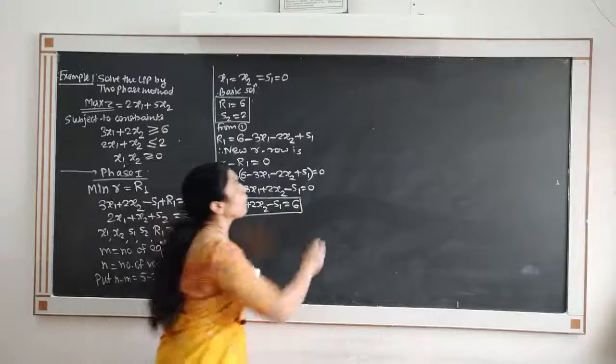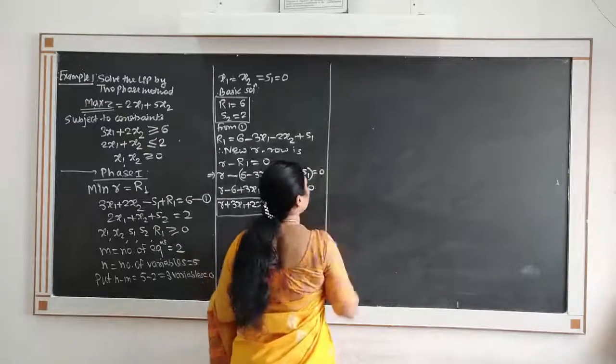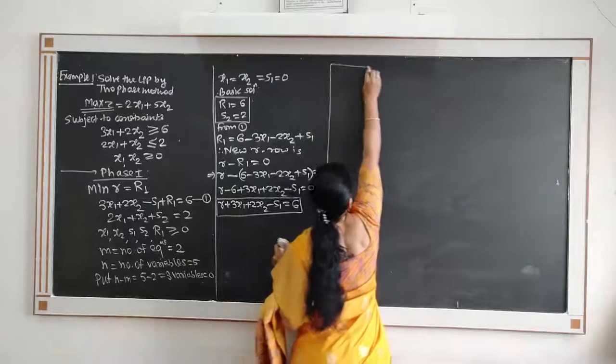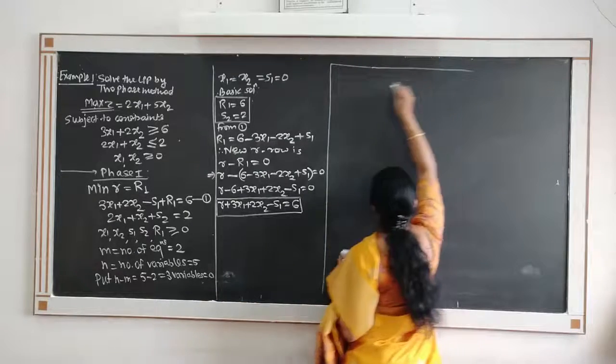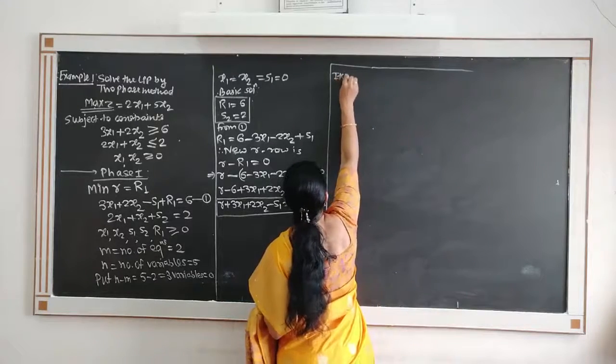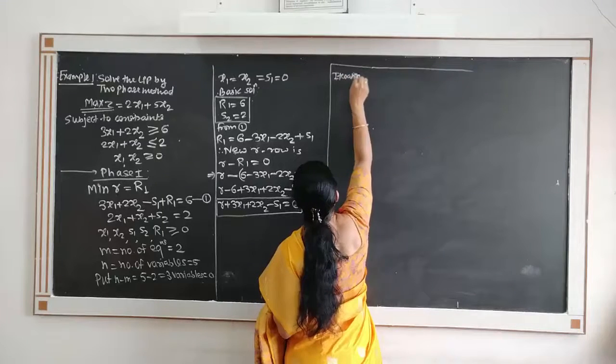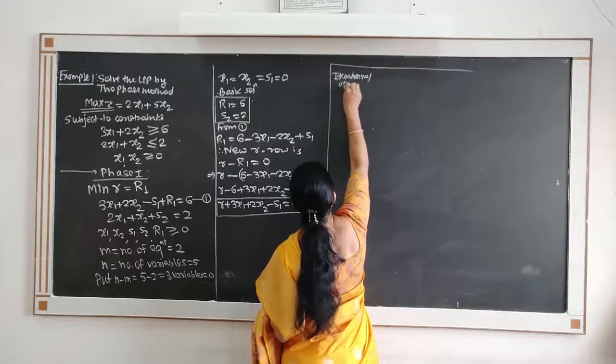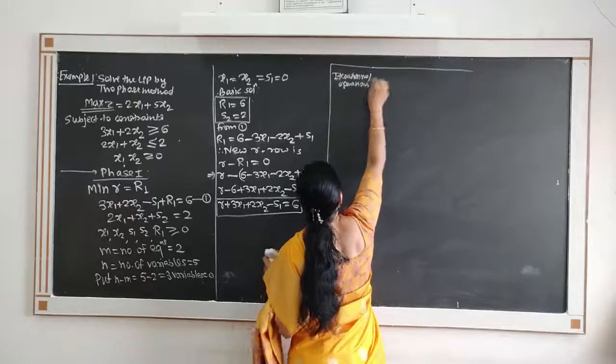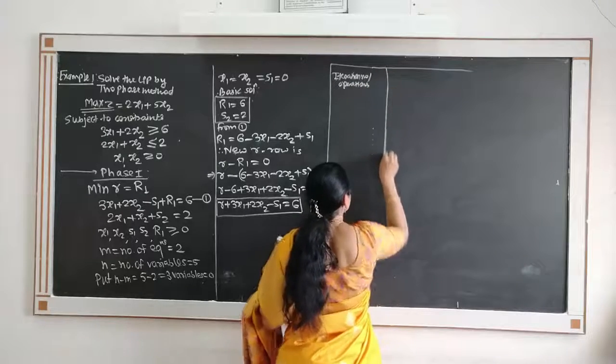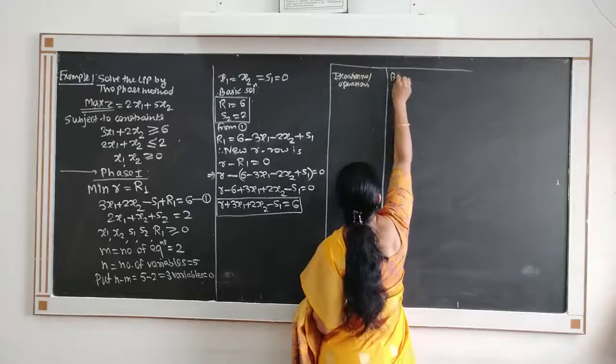Now solve our simplex table as usual. So consider the simplex table. The first column is iteration number or operations. The second column, basic variables.